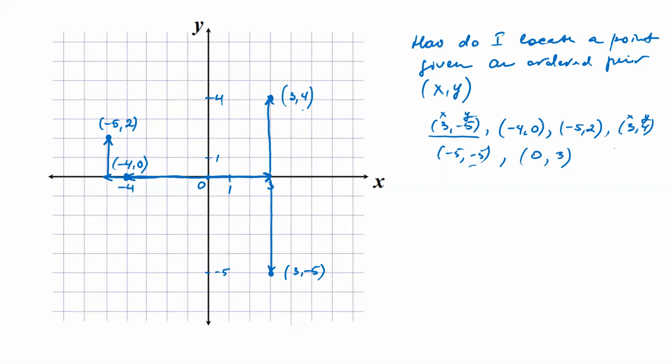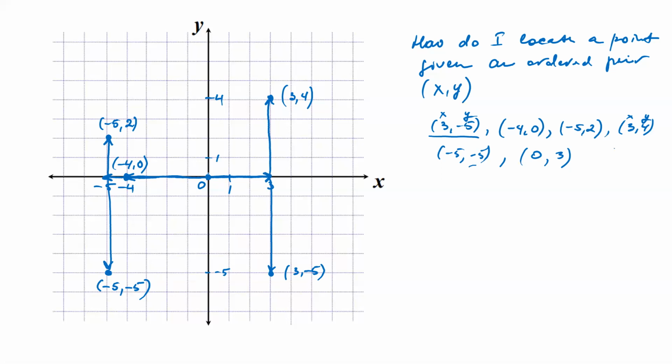(-5, -5). 5 units to the left and 5 units down. I wish I had this drawn a little bit nicer, but I think that would work. And then (0, 3). 0, again, starts at the origin. 0 means no motion in the horizontal direction.